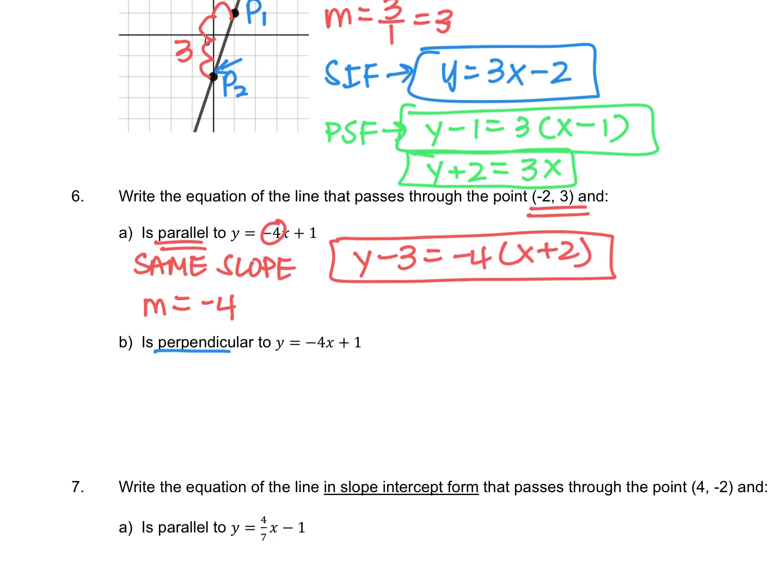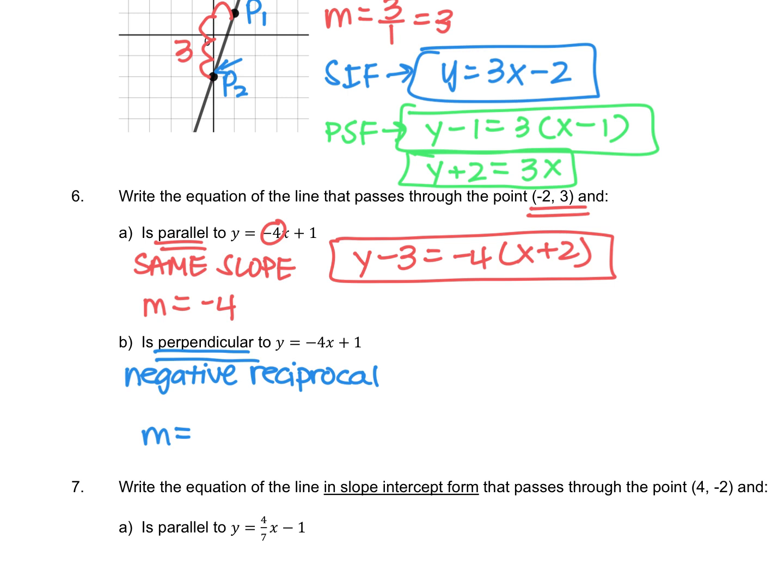What about if I wanted it to be perpendicular? Do they also have the same slope? One more word. 2 words. Negative reciprocal. A negative reciprocal. So if the slope of my original line y equals -4x is -4, what is my perpendicular slope going to be?